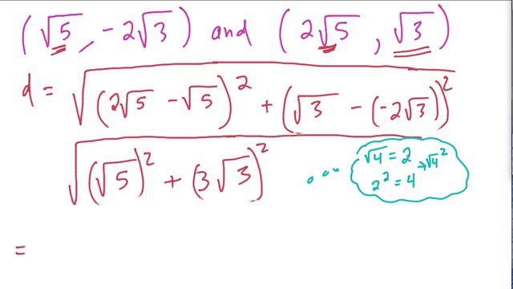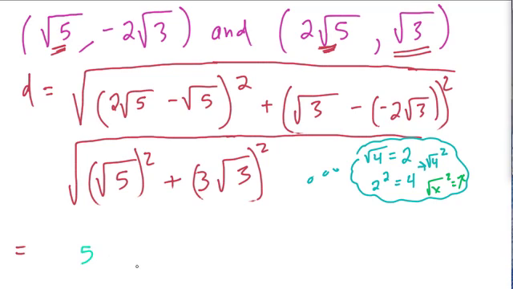Take the square root of 4, which is 2, and then square it. Whenever you take the square root of some variable and you square it, you just get the variable itself. So square root of x squared is just x. And that has a lot to do with the fact that the square root and exponent undo each other. The same thing's happening here. Square root of 5 squared is just 5.